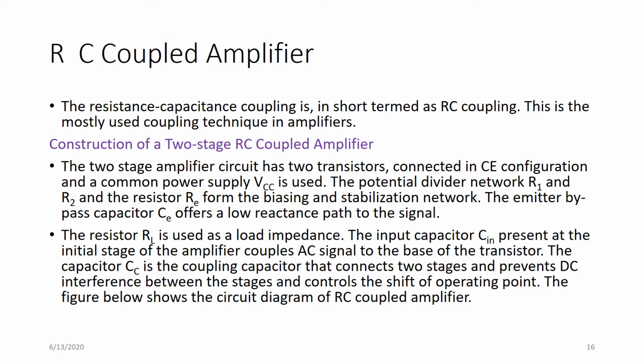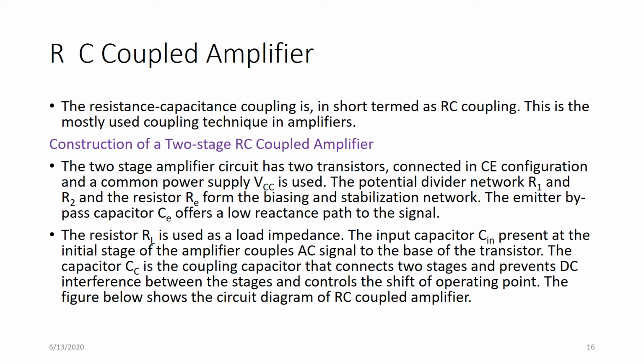The resistor RL is used as a load impedance. The input capacitor Cin present at the initial stage of the amplifier couples the AC signal to the base of the transistor. The capacitor Cc is a coupling capacitor that connects two stages and prevents the DC interference between the stages and controls the shift of operating point.